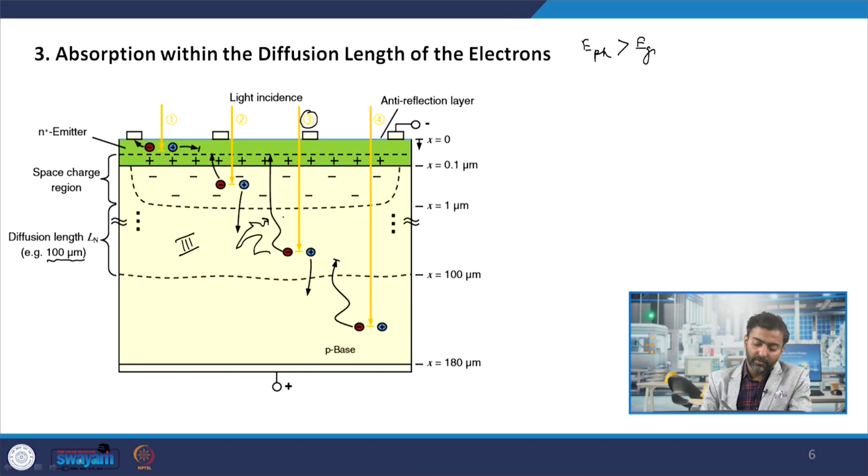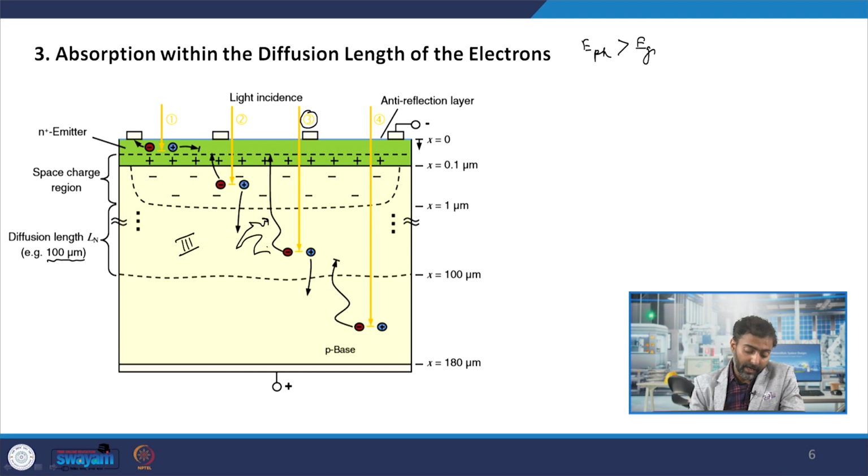But then there are two things. One thing is that the p side does not have a very high concentration of dopant. So it is not very likely that some hole will immediately come and recombine with the electron, due to the lower doping concentration on the p side. That is the first thing.